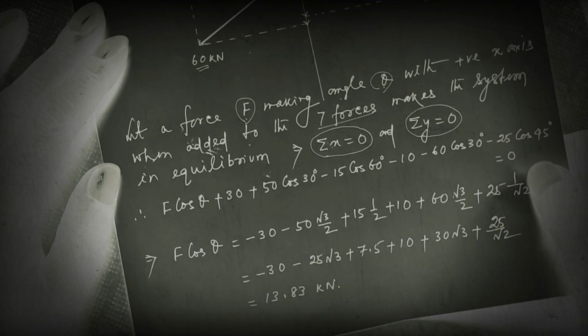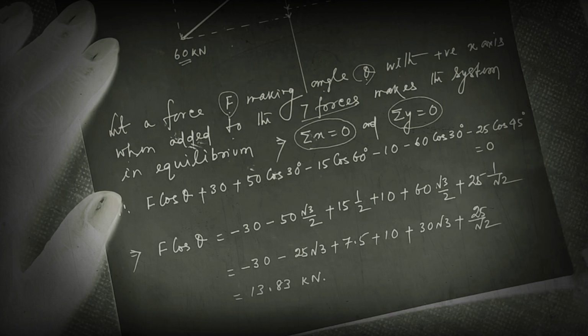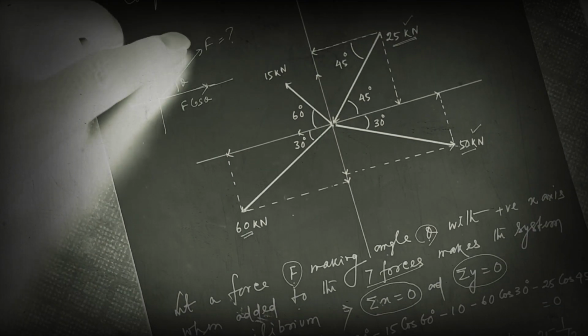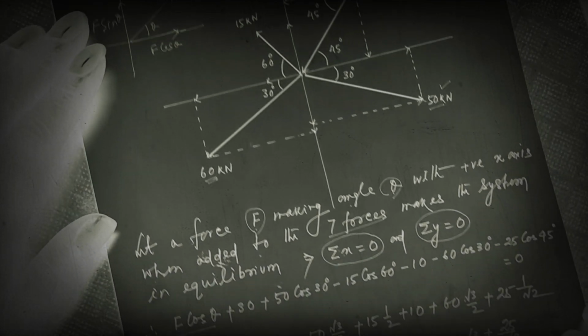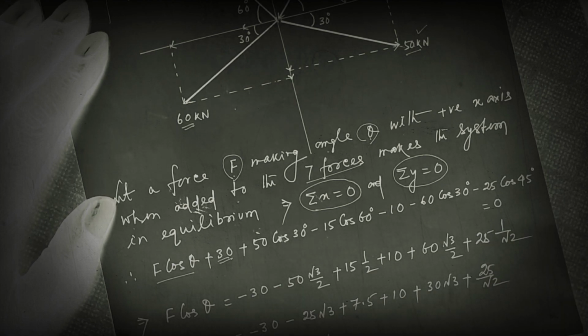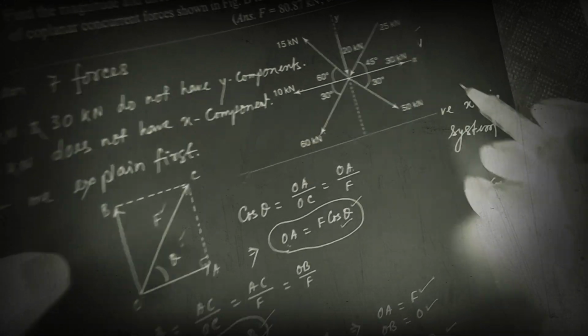So sigma x is equal to 0 means the sum of the forces along the x-axis is 0. So F cos theta is the component of the unknown force to be found out along the positive x-axis. Then plus 30, and this is given in the original diagram, this one, plus 30 along the positive x-axis.